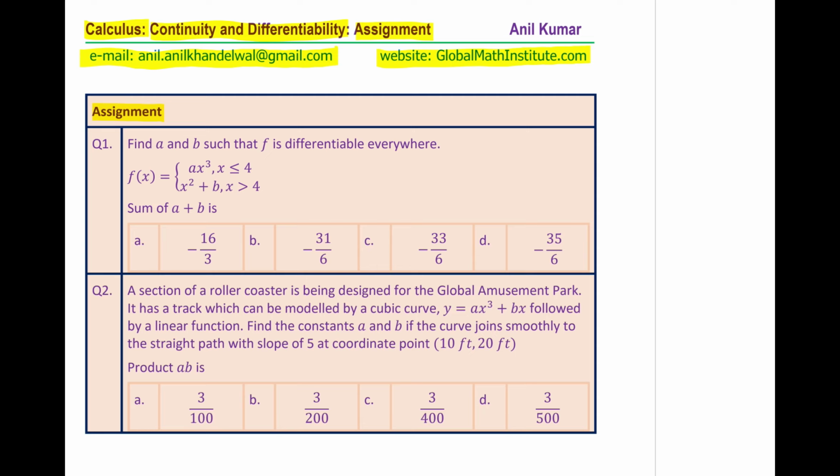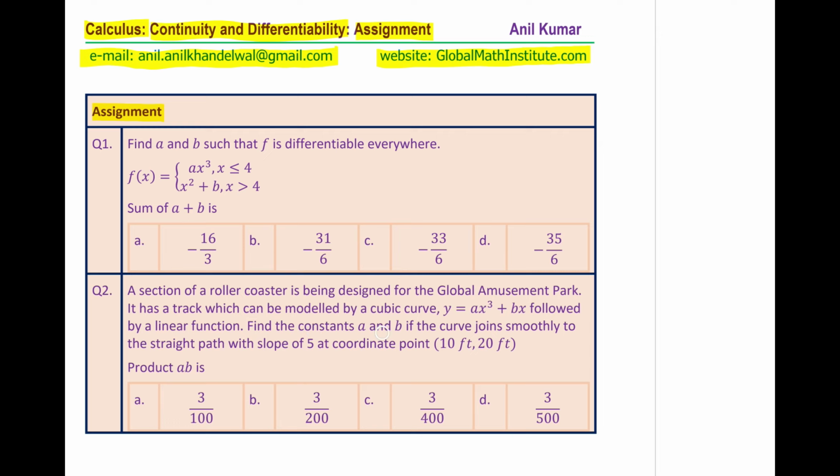Question number 2 is an assignment question which is a real life application. A section of a roller coaster is being designed for the global amusement park. It has a track which can be modeled by a cubic curve y equals ax cubed plus bx followed by a linear function.